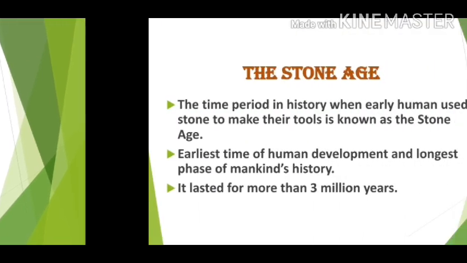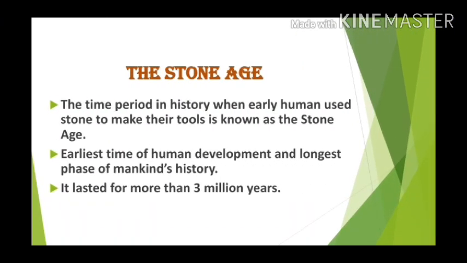Let us first learn about the Stone Age. The time period in history when early humans used stone to make their tools is known as the Stone Age. In fact, this age is known as Stone Age because stone was the mostly used material for making tools at that time.